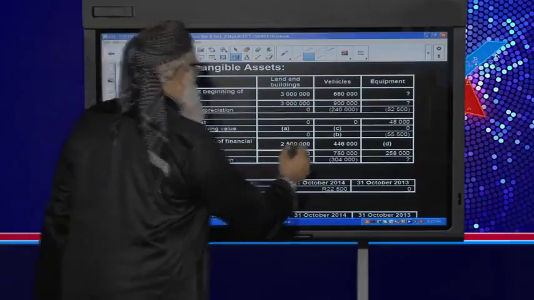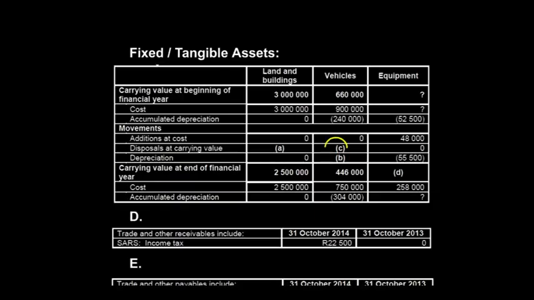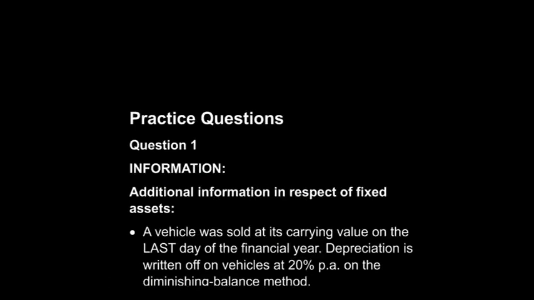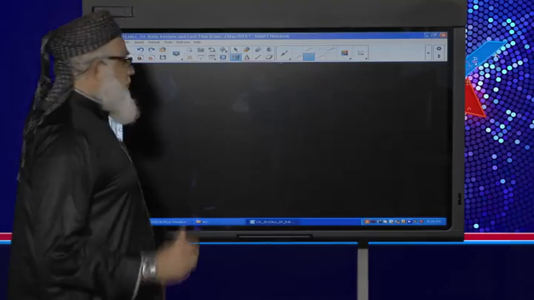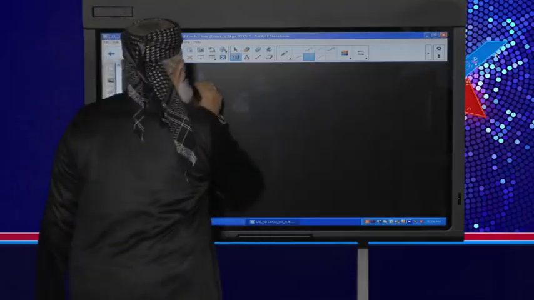we have to calculate the disposal at carrying value. You want your disposal at carrying value. Now, once again, let's look at this calculation in perspective. You're going to take your carrying value at the beginning of the year.